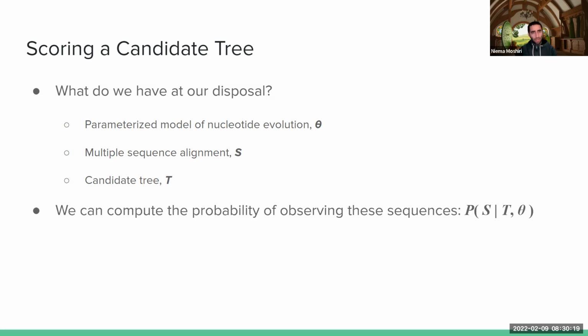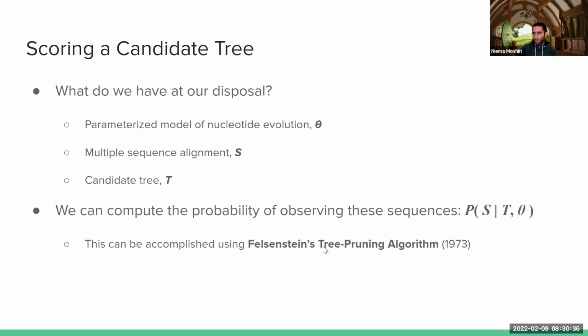So it turns out that there's an algorithm that lets us compute the probability of observing this multiple sequence alignment given this tree and this model of evolution. This algorithm is called Felsenstein's tree pruning algorithm. Felsenstein was one of those researchers I mentioned in that long list of models.